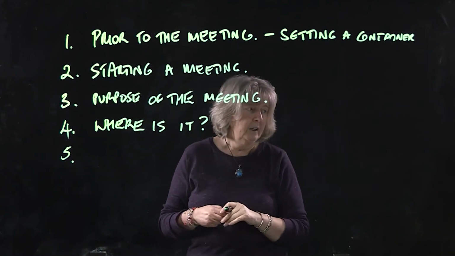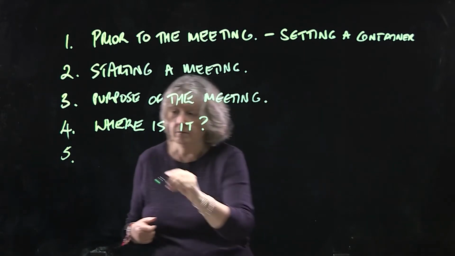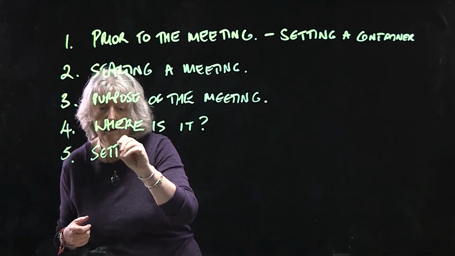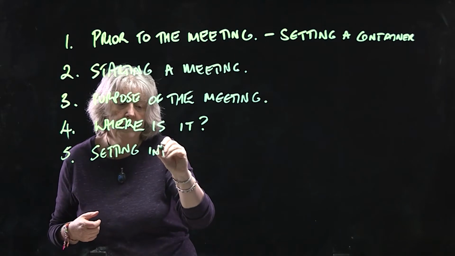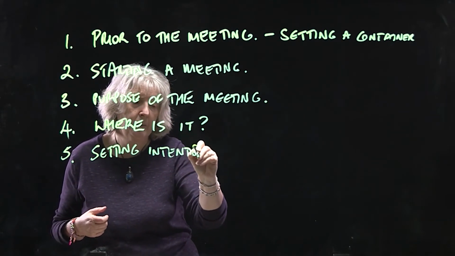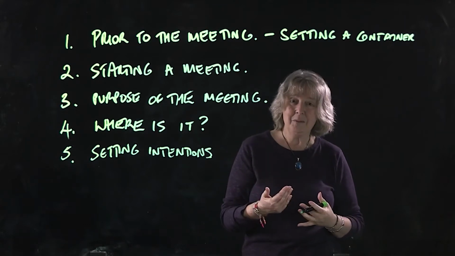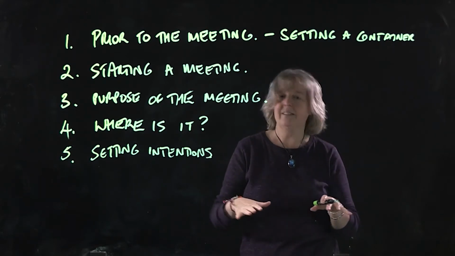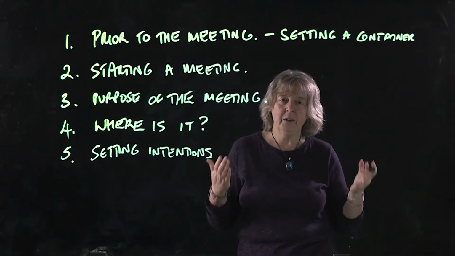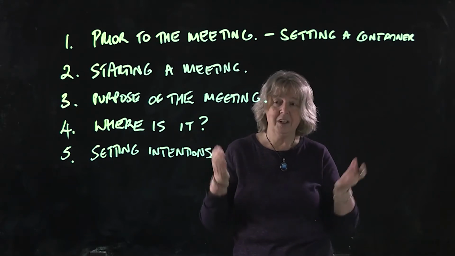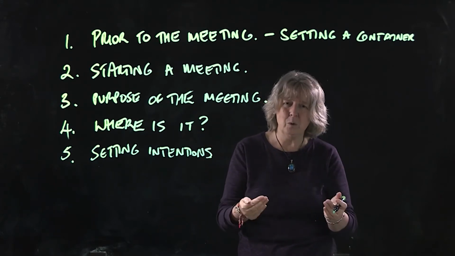What's the next one? Setting intentions. That's the part that I just mentioned about Oprah. When you come into the meeting, make sure that everyone there is on the same page about why on earth you're in this room in this moment together. What's it for?